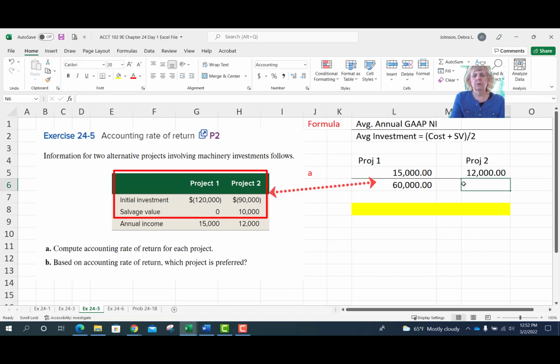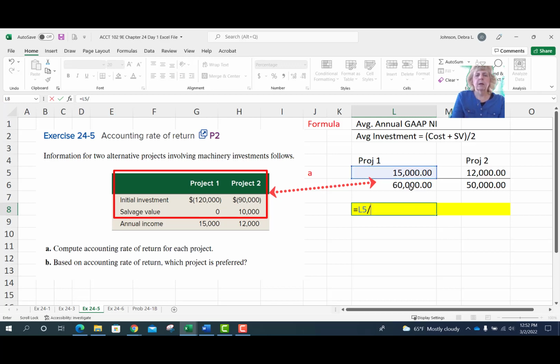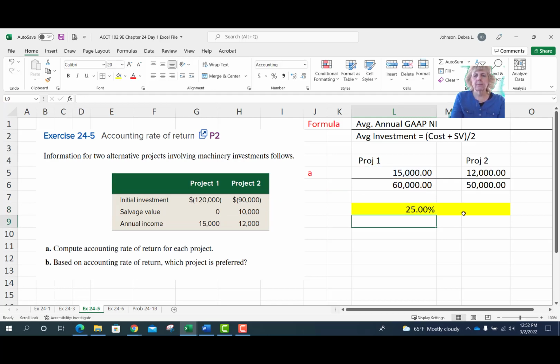If you don't put those parentheses in or you don't do the calculation correctly, you'll wind up with a different answer. So on the bottom, my cost is $90,000. My salvage value is $10,000. I would take that entire sum and divide by 2. And when I pop that into my calculator, we will get 25% on the first one.